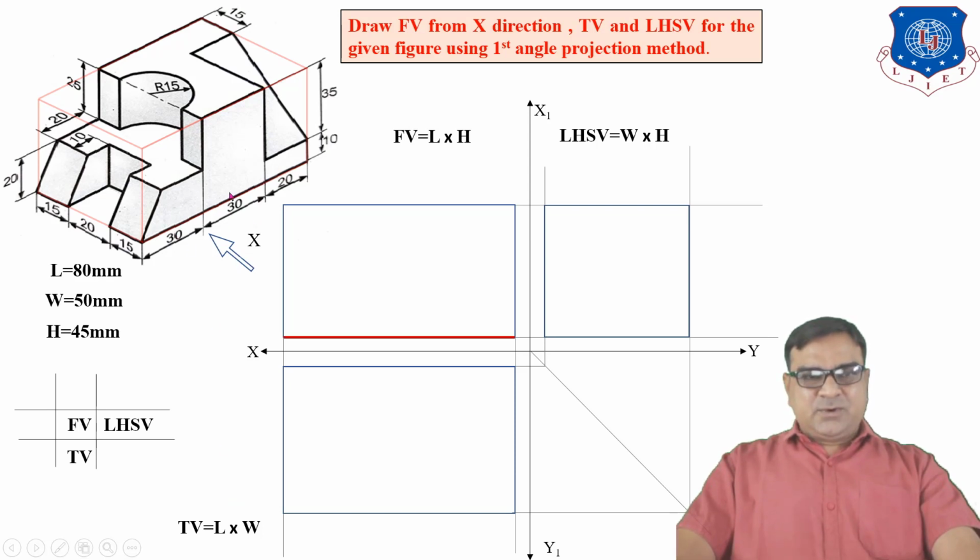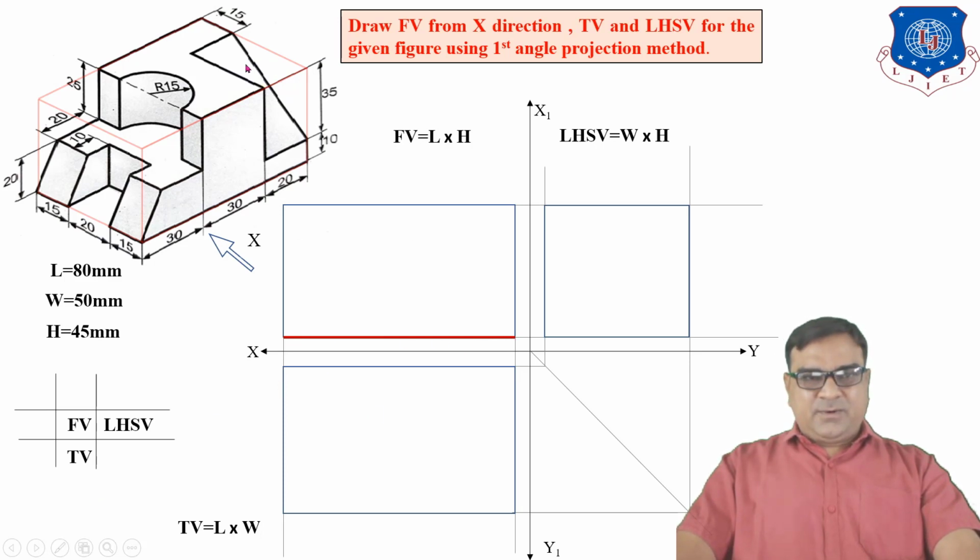Now first you have to draw the bottom plane, which is parallel to HP, or the base. Because the horizontal plane and the bottom plane are both parallel, the front view on the vertical plane is a line. So this is the front view of the base of the object.